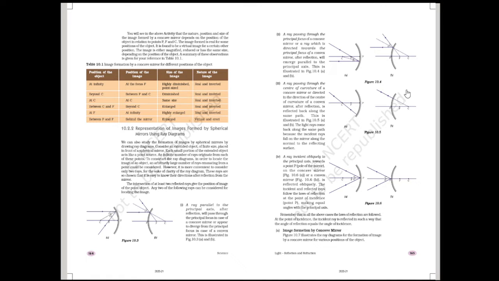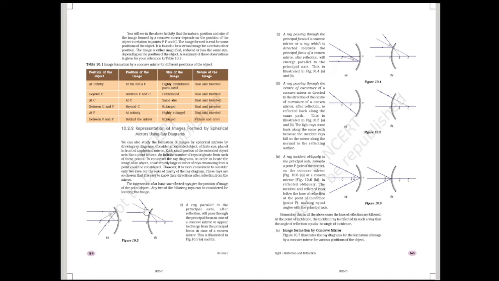In the case of the convex mirror, the light comes from infinity, touches the reflecting surface, and diverges, and the path of the light appears to come from the principal focus only.